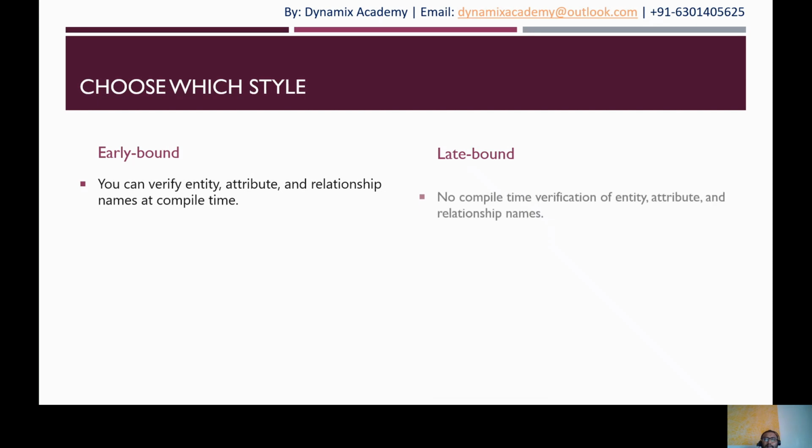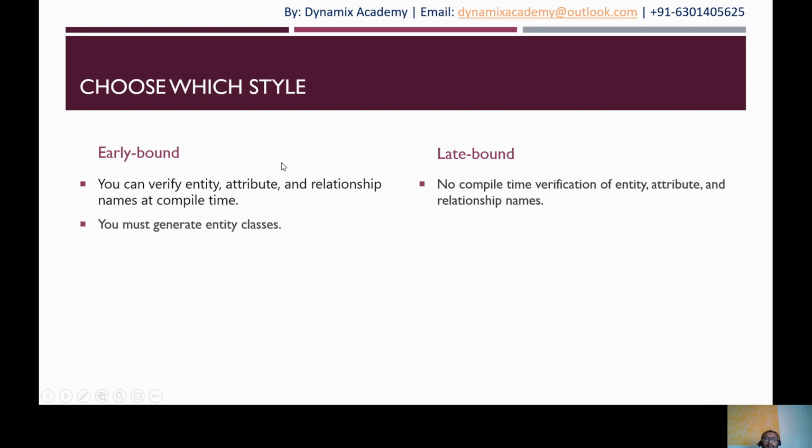But in case of late binding, there will be no compile time verification of entity, attribute and relationship names. So you need to know the correct names of entities, attributes and relationships in case of late binding. Another difference is you must generate entity classes when you are working with early bound classes, but there is no such requirement, you do not need to generate the entity classes for late bound programming.